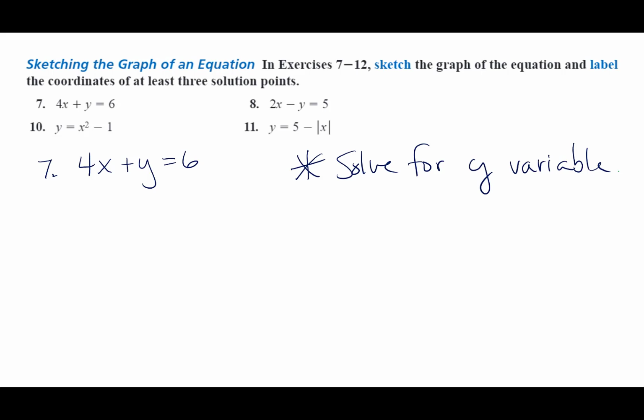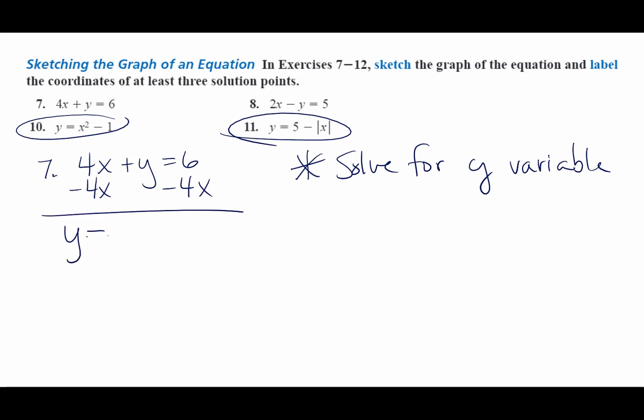We're going to practice this in another section, but I want you to move all the pieces away from the variable y, so you have the equation set up y equals and then the rest of the equation. 10 and 11 are already set up that way for you. It's really easy to move pieces around. We're going to subtract this entire 4x first, and then we have y equals 6 minus 4x, and that's the starting place for this problem.